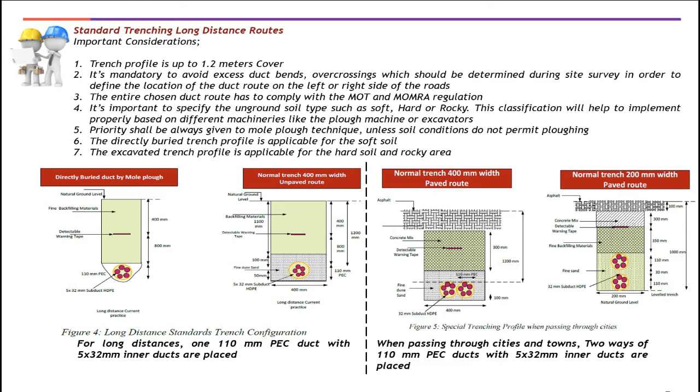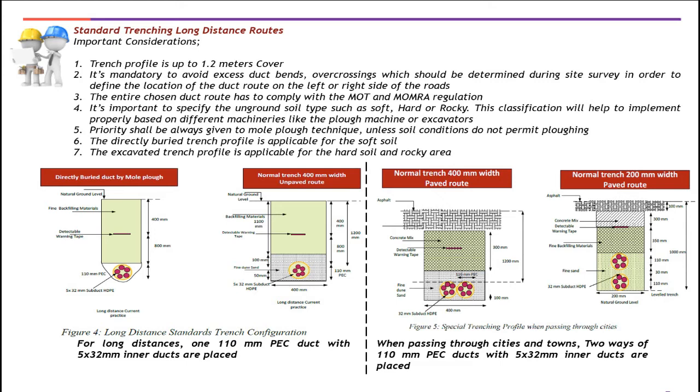When you have a trench outside the city, ensure that you are using the right machinery for the type of pavement. If you have sandy or soft soil, as a priority, a mole plowing machine must always be used. However, where the pavement is hard or rocky, an excavator with the use of a jackhammer must also be used.